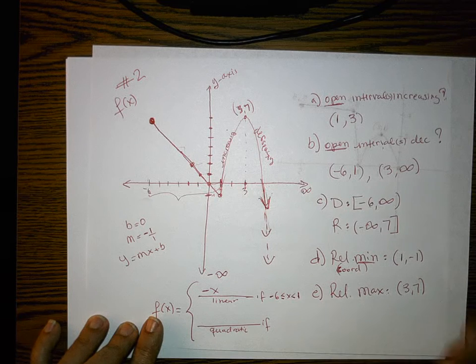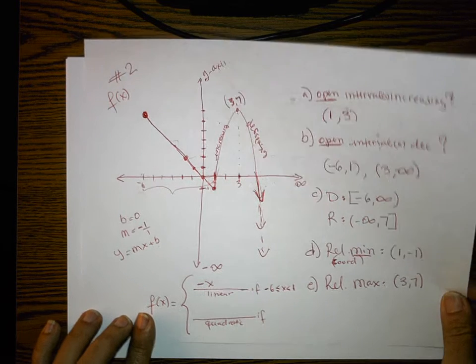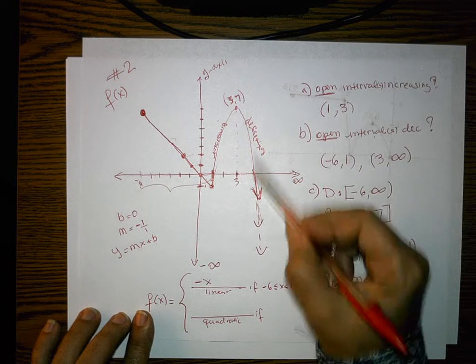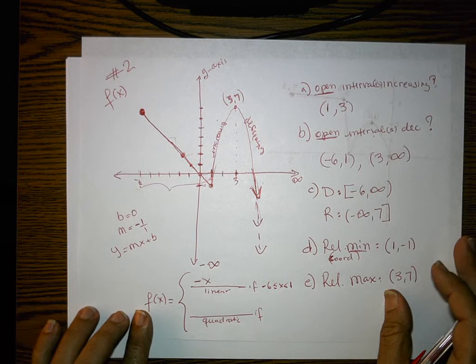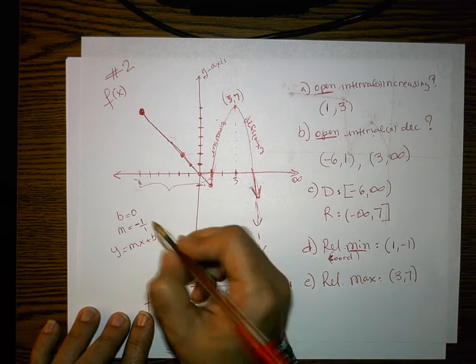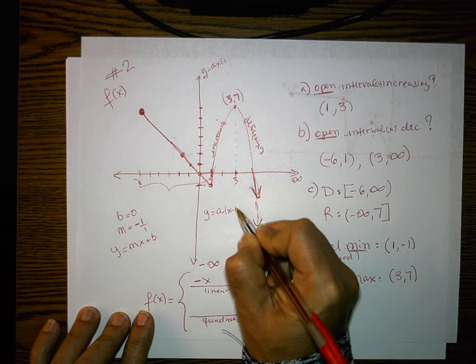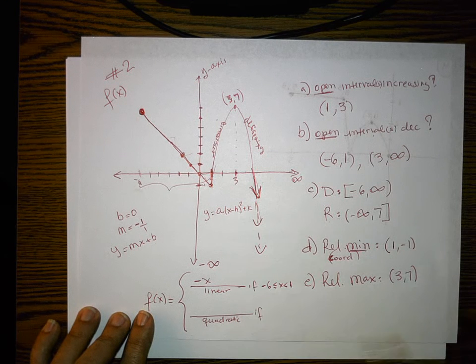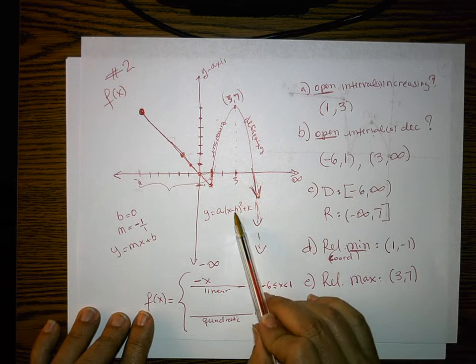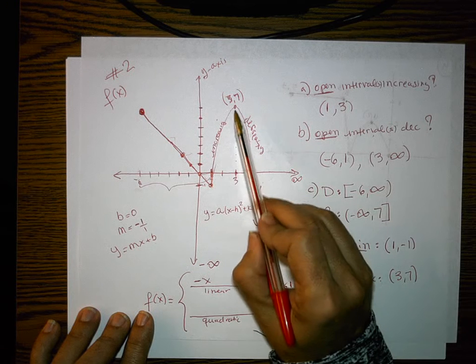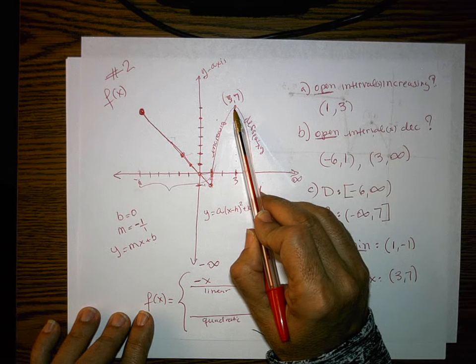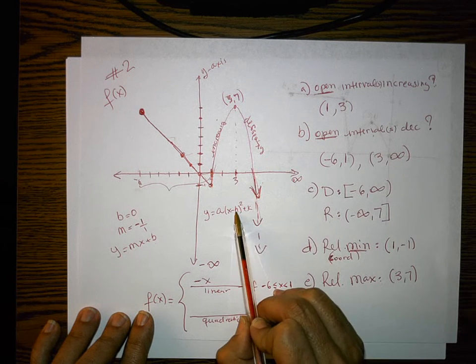Now we need to write the equation for the parabola. The equation of a parabola has a stretch, the letter a. It's y equals a times (x minus h) squared plus k. The h and k are my vertex values. I already have that, so I can go ahead and plug in a 3 and a 7.